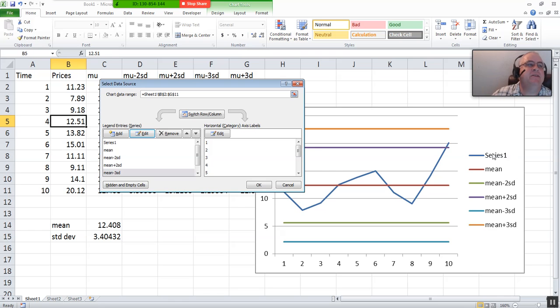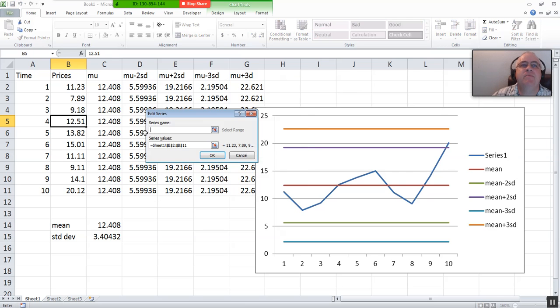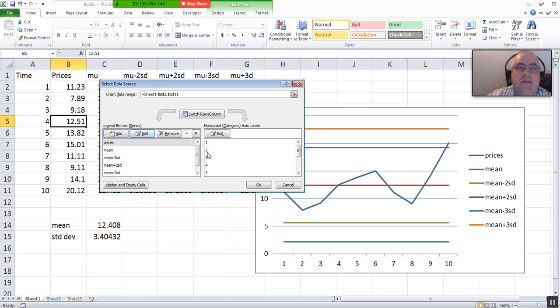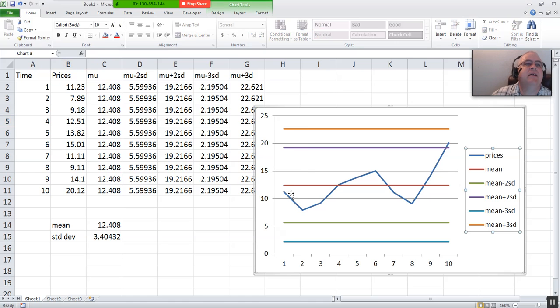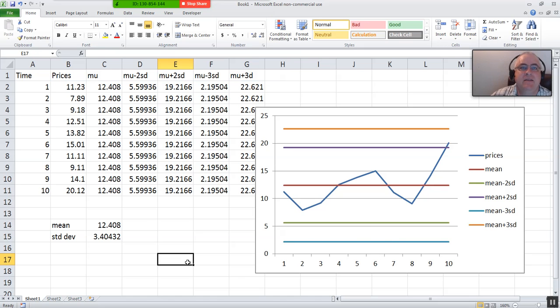There we go. You could even change series 1 for your prices, or whatever you might be dealing with. Now you can put legends on here, you can put chart titles and so forth, but that shows you how to put horizontal lines for your control chart.